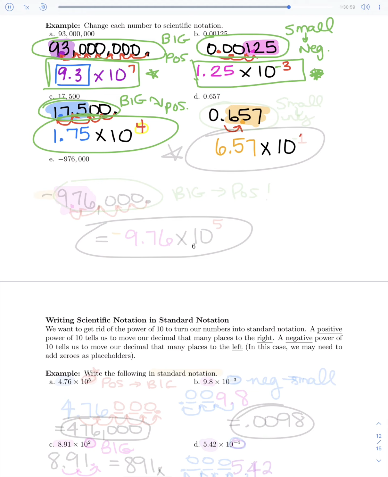It's 1 place. The question is whether or not it's a negative or a positive 1. Well, remember, this is a small number, so you're using negative exponents because it's a small decimal, so that should be a negative 1. So our final answer for our scientific notation is 6.57 times 10 to the negative 1st power, and there's our final answer for D.